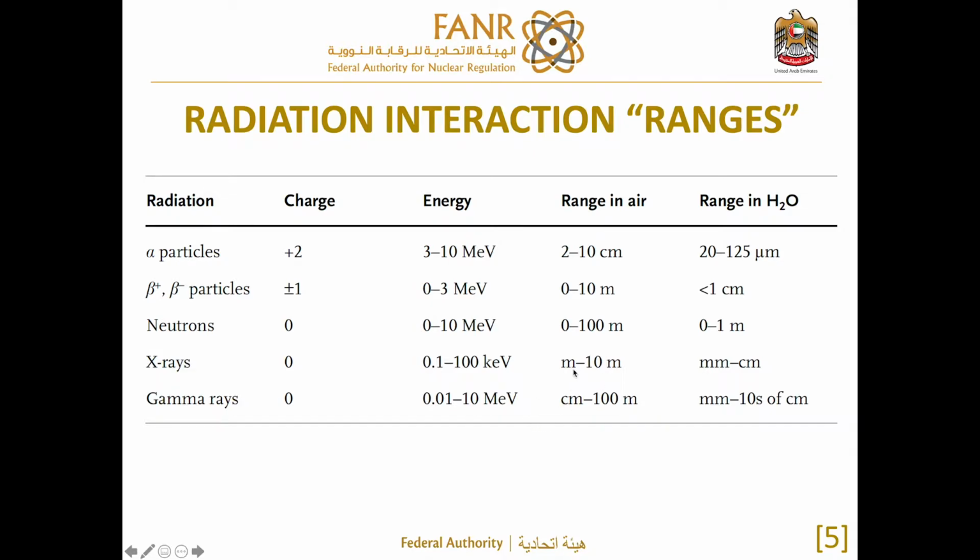They can travel in air meters and in water millimeters or centimeters. While gamma rays, being more energetic, up to normally a few mega-electron volt, travel centimeters or even meters, tens of meters in air, and they travel millimeters or tens of centimeters in water.